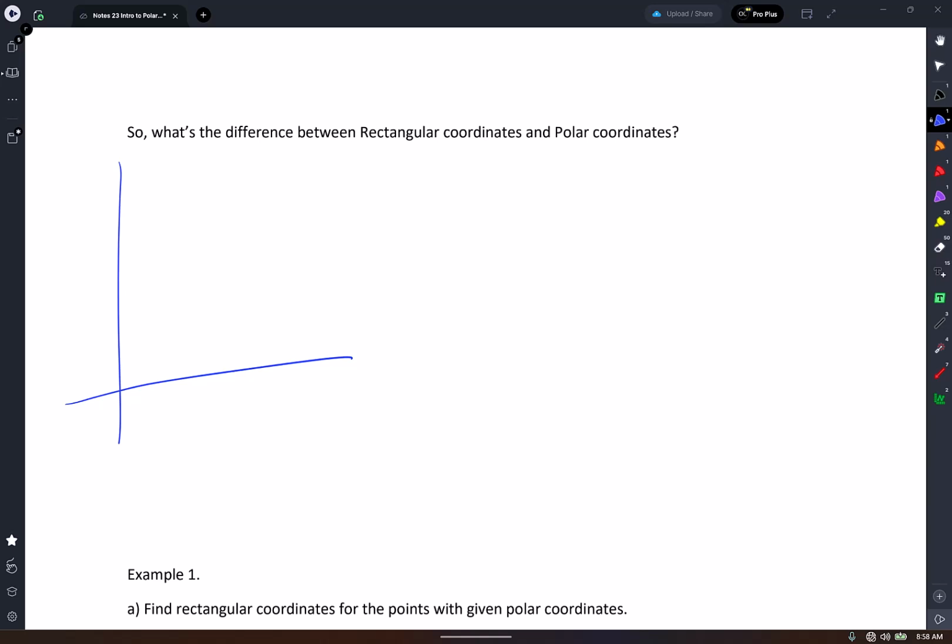All right, I'm going to choose a coordinate. We should probably choose something that we know from the unit circle, but first something simple. 5 comma 5. That's rectangular.